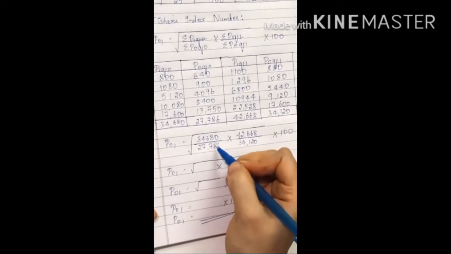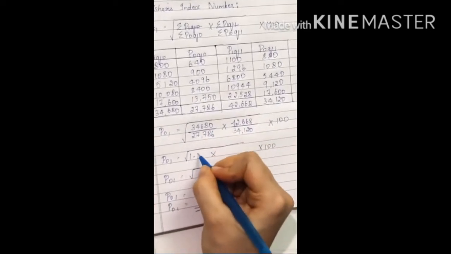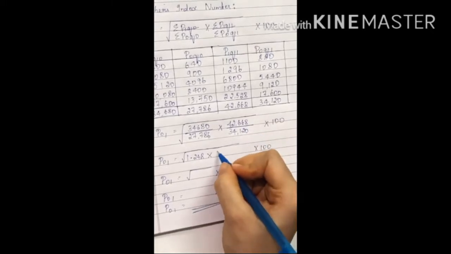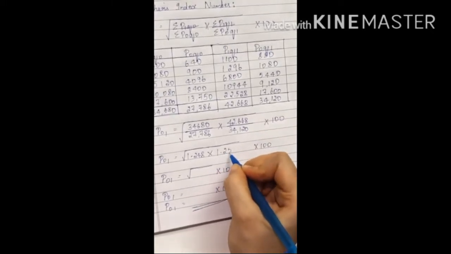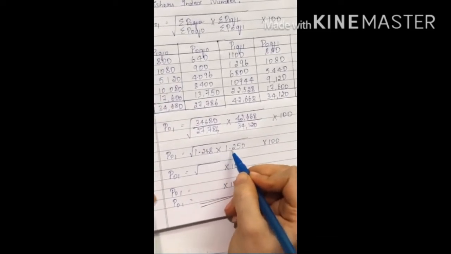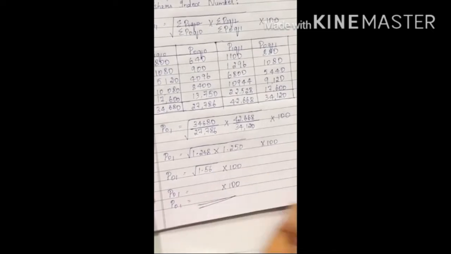So you need to divide these values. If you divide, you get 1.248, and the other gives 1.250. So 1.248 into 1.250, you get 1.56.